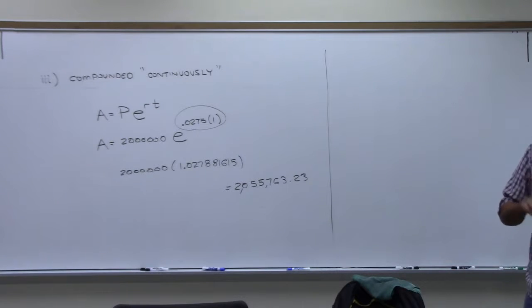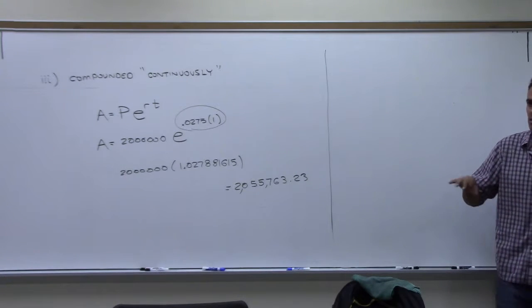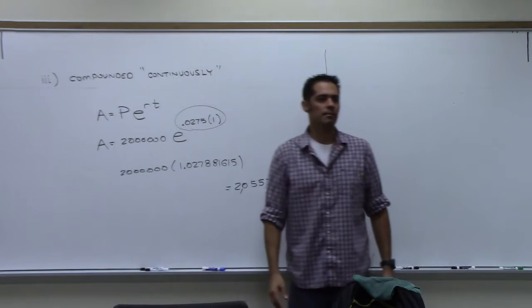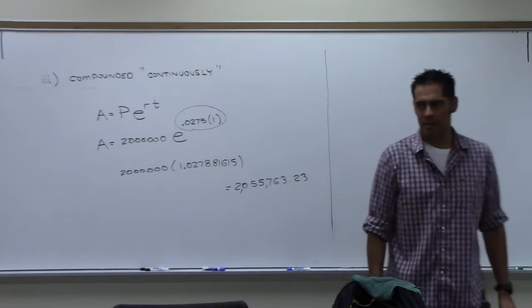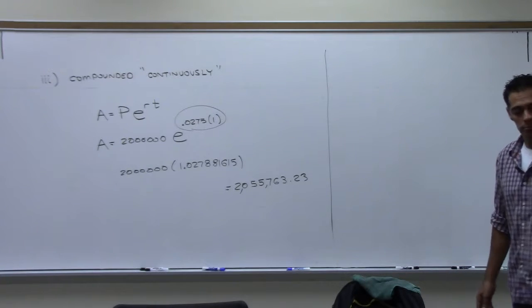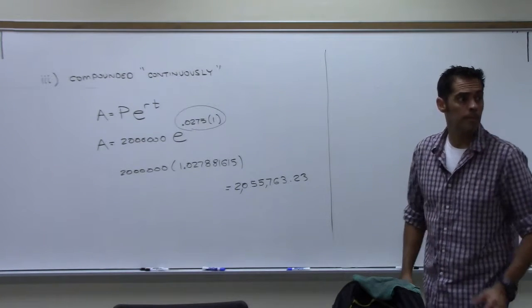That was a little easier to calculate, right? It was a little cleaner on the calculator, which is part of the reason why this is a preferred formula. It's a lot cleaner and easier to work with. So the only time for this one is if it says continuous.